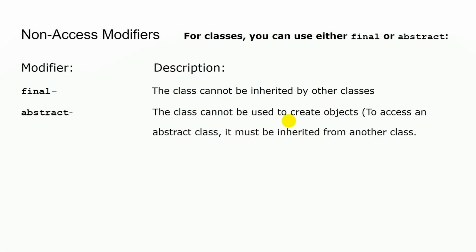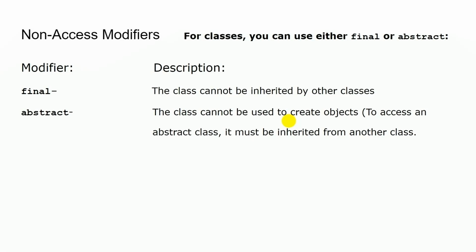If it's abstract, the class can't be used to create objects. To access an abstract class, it must be inherited from another class. So these two non-access modifiers are used for classes, and you can use them as you want.